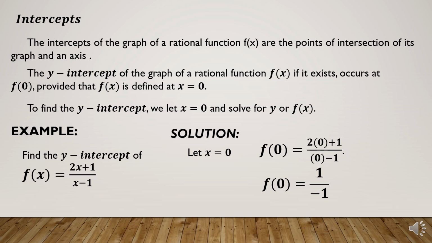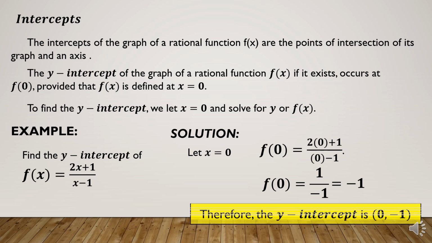Then f of 0 is equal to 1 over negative 1, or negative 1. Therefore, the y-intercept is 0, negative 1. Always remember this, that the y-intercept is a point. So you must always write the y-intercept as an ordered pair.